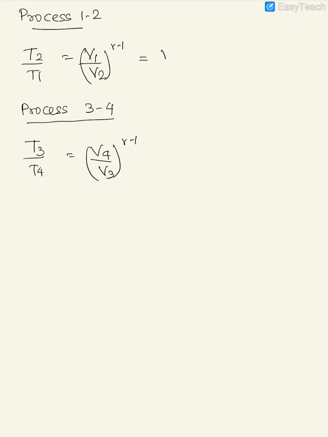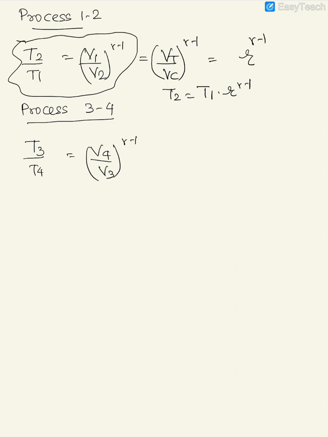V1 is the total volume, V2 is the clearance volume, so Vt upon Vc is the compression ratio r, raised to gamma minus 1, where gamma is the adiabatic index. So T2 is equal to T1 into r raised to gamma minus 1. How do you get this expression? This is left as homework. I am not deriving this.